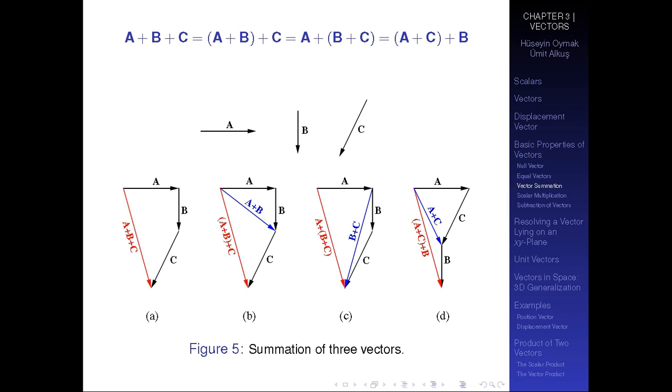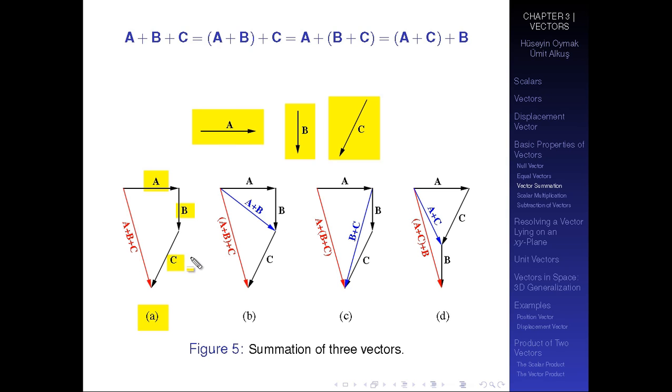Now, let the three vectors in this summation be these vectors A, B, and C. In the first summation, as is shown in figure A, A and B are summed, and then B and C are summed.